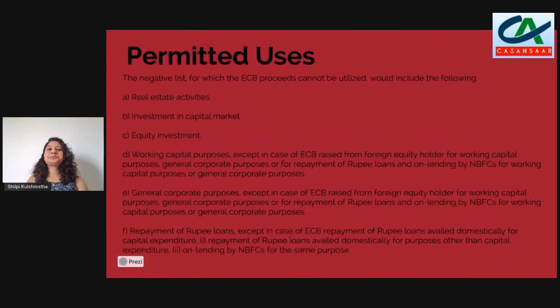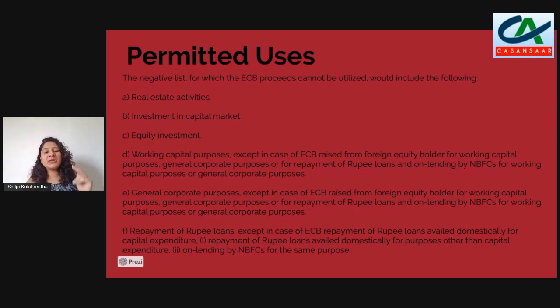Next is permitted use. Although I have mentioned this definition, here I would be discussing the negative list for which you can't utilize your ECB. So let's again understand why we are talking about permitted use or non-permitted use here.